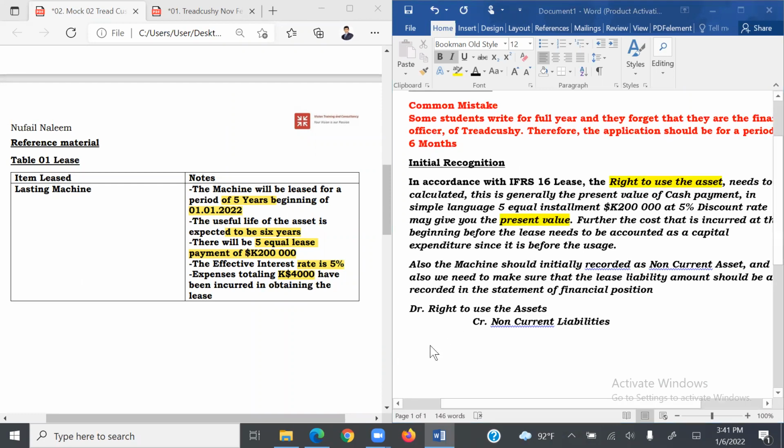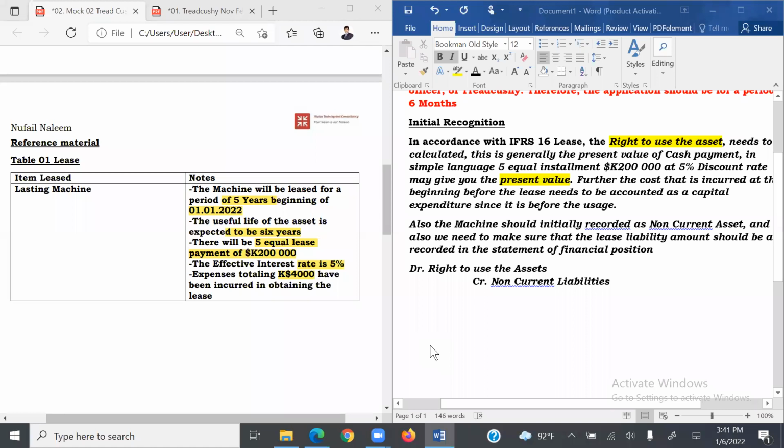Now, after the lease initial recognition, we need to go to the subsequent recognition.